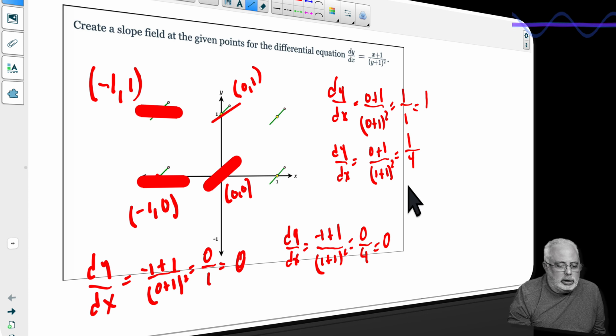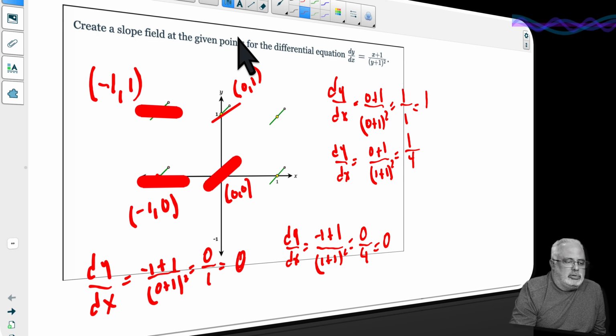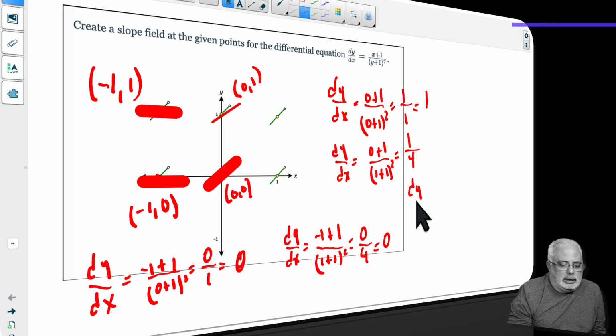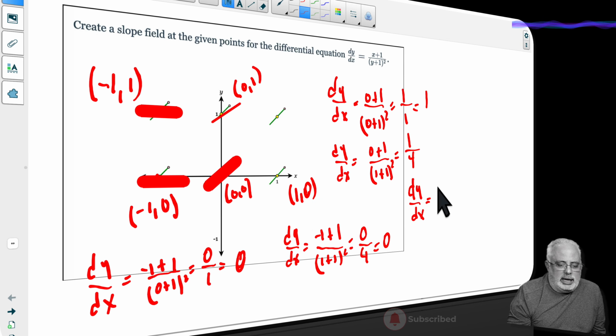So let's do it for 1, 0. So the x is 1, the y is 0.